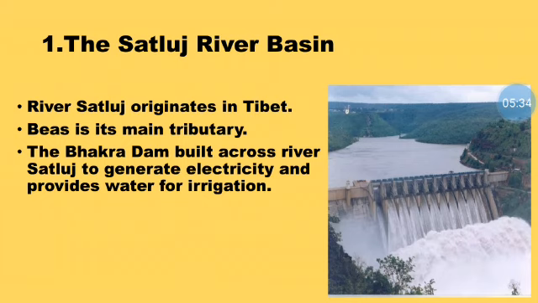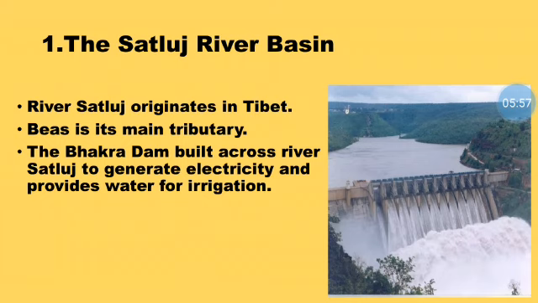This Satluj River flows through Punjab and Haryana. Across the Satluj River, they have built a dam which is called the Bhakra Dam. Why are dams built?